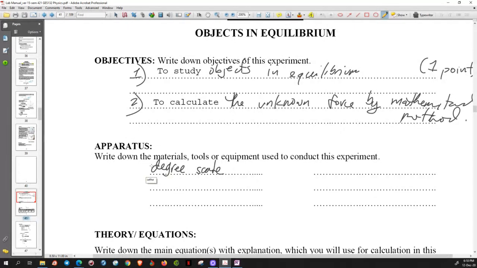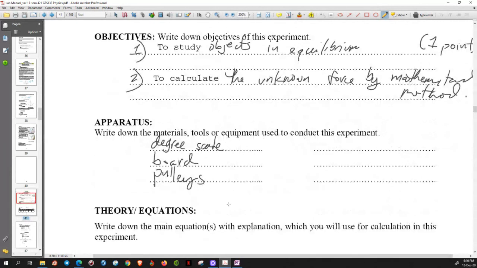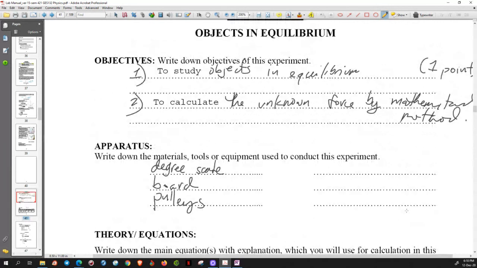We know that we are going to use a board. What else? We know that we are going to use a pulley or two pulleys. And you know that magnetic board or board is enough. You will find the unknown mass, so simply you can write mass. You can also write hangers. You can split these two, though mass and hanger actually go together. What else can you write?